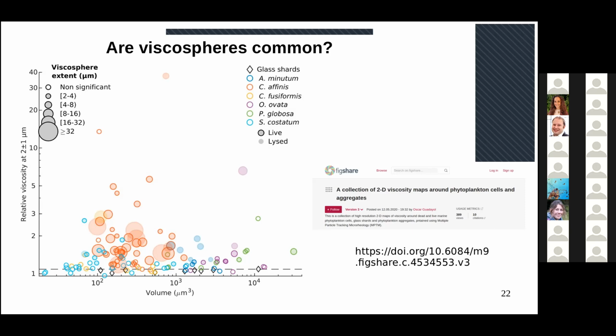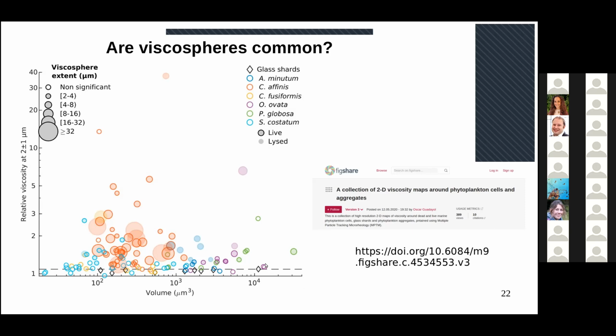And this graph here tries to summarize all the results we got from this study, showing the relative viscosity close to the surface of the cell against the volume of the cell.